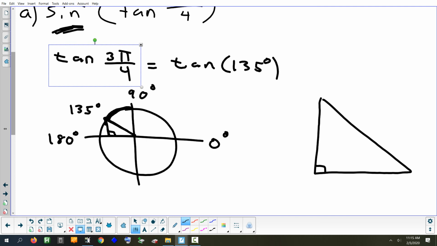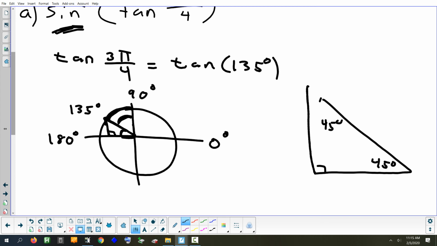How far is it from 90 to 135? 45. So this part right here is a 45, which means this part right here is how much? 45. It's got to be a 45 because that makes a 90. So this is a 45, 45, 90. I didn't draw it very nice. It's a 45, 45, 90 right triangle.